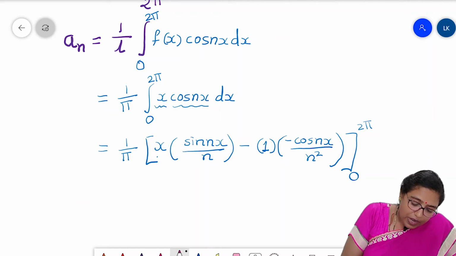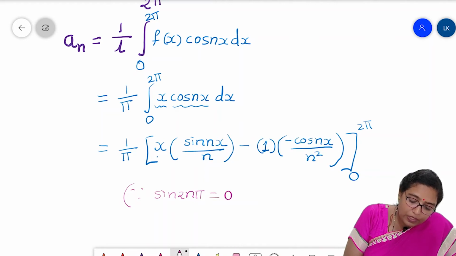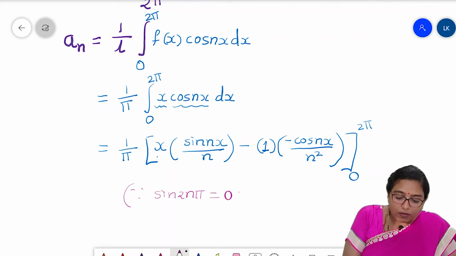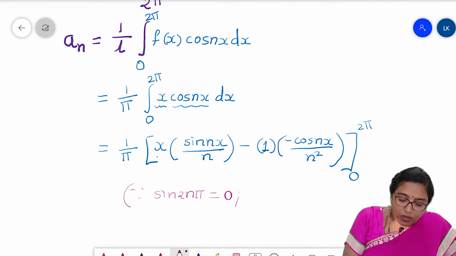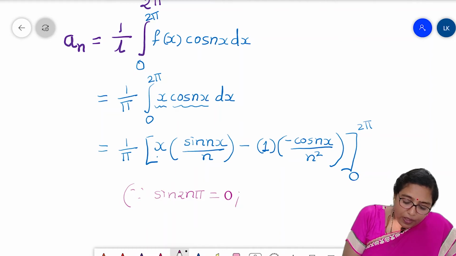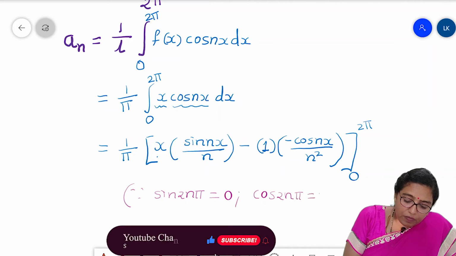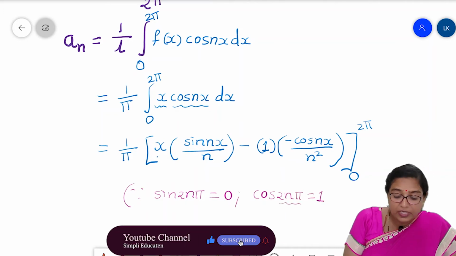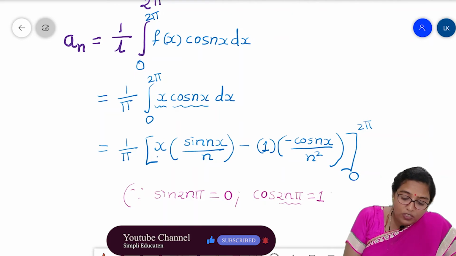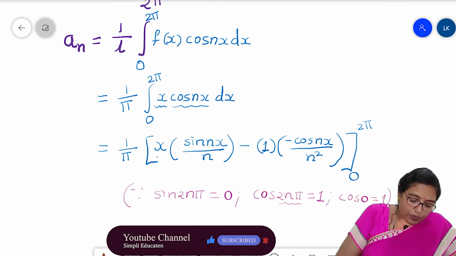It is always 0. Also sin 0 is 0. Clear? Then cos 2n pi, it is always 1, because here 2n pi, it is an even multiple. cos 0 is equal to 1 and sin 0 is equal to 0.